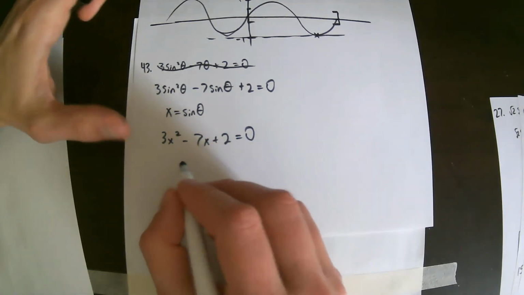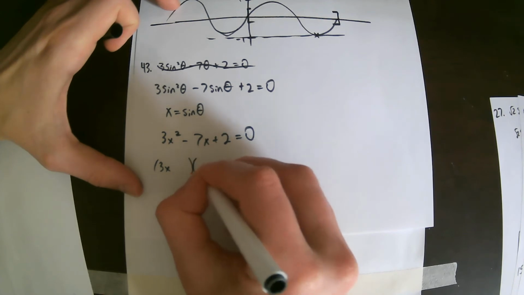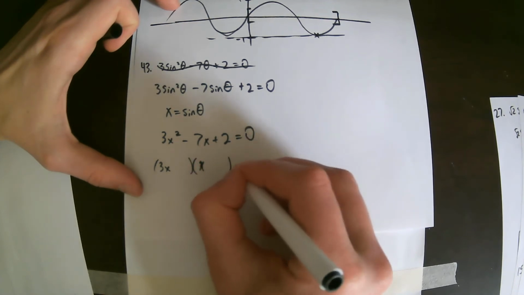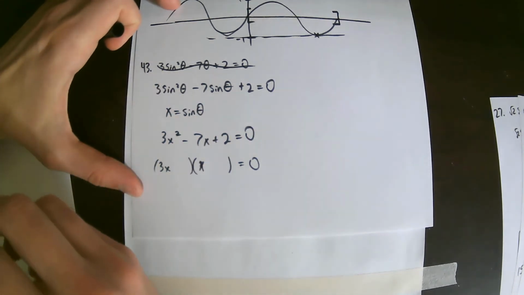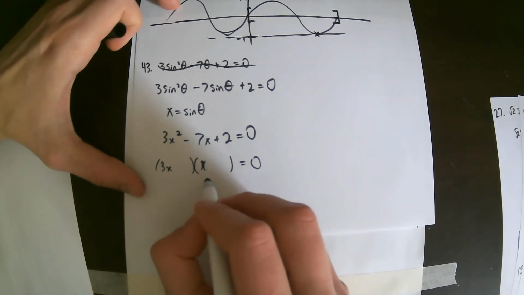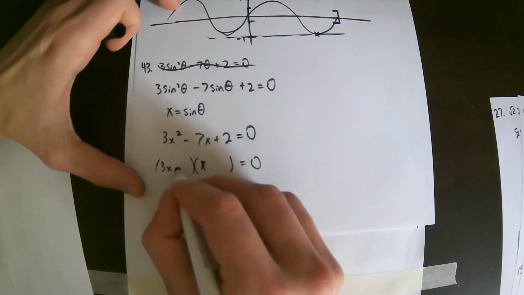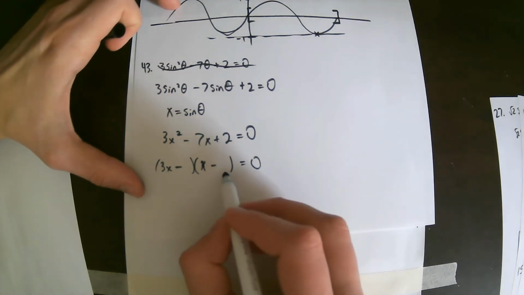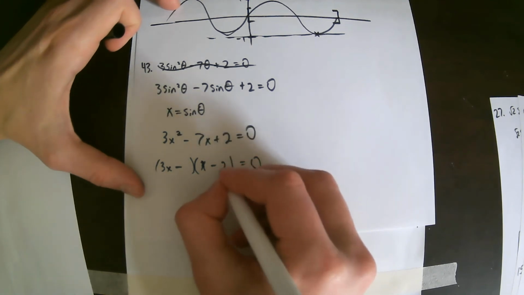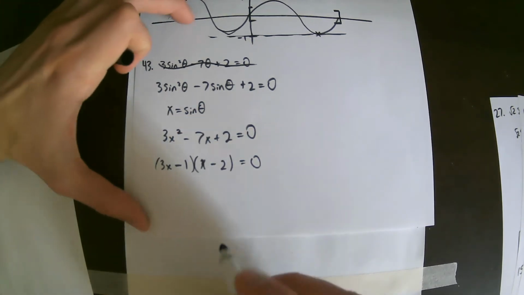And now I need to factor this somehow. Let's see, I'm just going to try to factor it just by looking at it. Let's see, both need to be negative. So if this is a 1, no, this should be a 2, and this should be a 1. Okay.